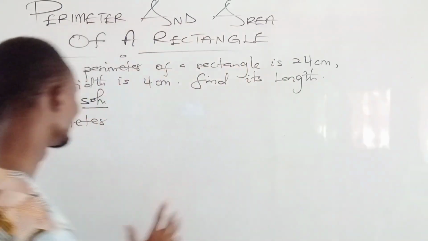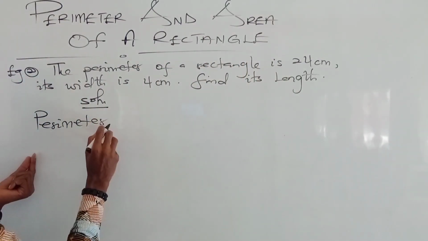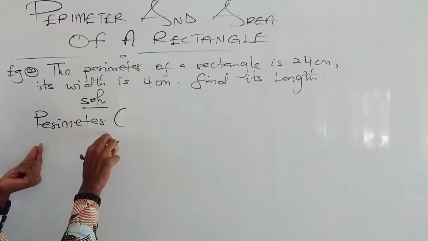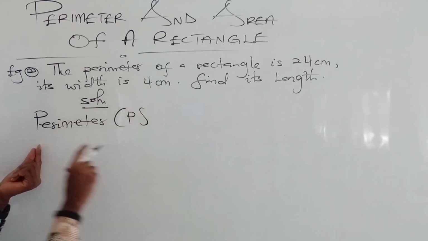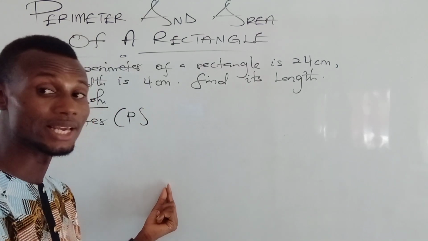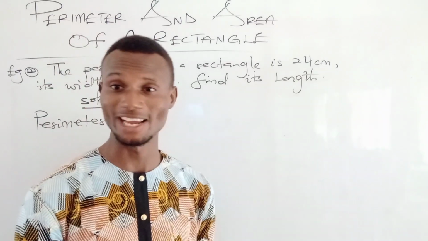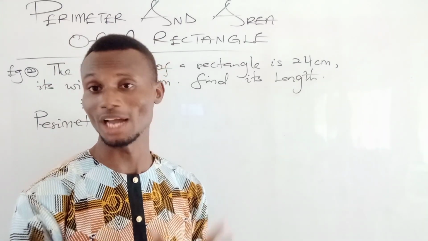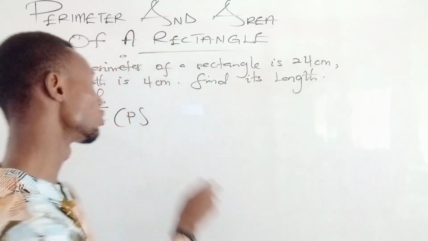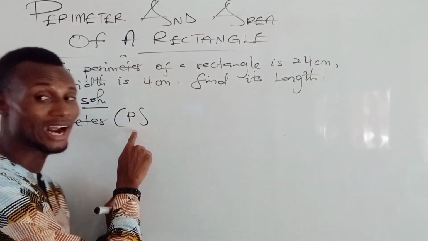That is understandable. So you write perimeter, then P in brackets, because if you write only P, the P can represent a lot of things, and the person marking your work might not know what you are talking about. So you write the perimeter, then P in brackets.